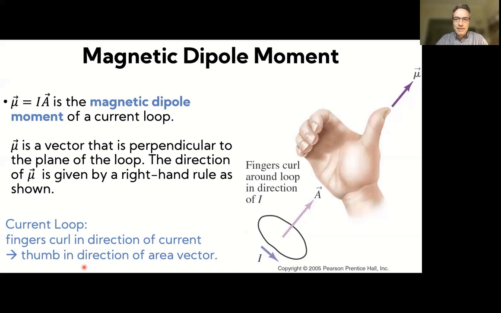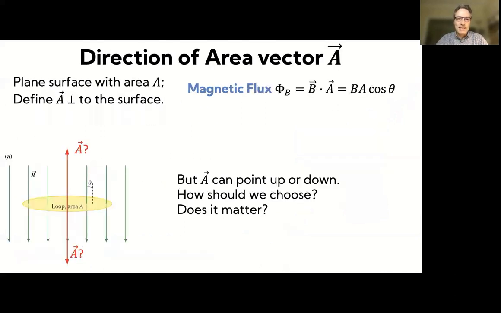But now, what if there is not necessarily a current running through? Well, that's I think the last case that we encountered when we talked about magnetic flux, for instance. If there's no current running through, you can still define your area. And now you have two directions, upward or downward, for that area vector A. And you're like, how should we choose? And does it matter? There's no current going through this loop here. So how can we now figure out what direction to choose?